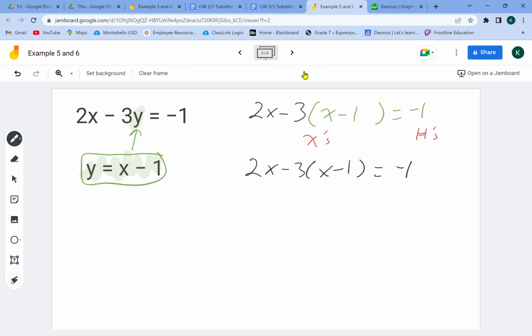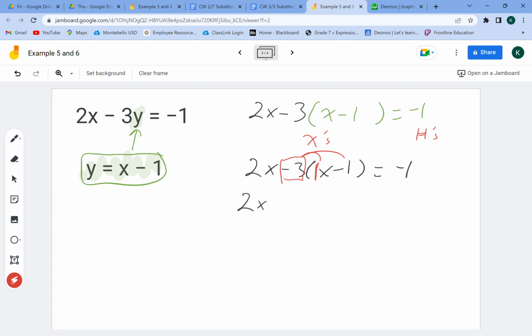Just like before, what you want to do is get rid of this parenthesis first by using the distributive property. So I'm taking this negative 3 here and distributing it to the inside. The beginning part, this positive 2x, I'm just going to rewrite. Then negative 3 times x.